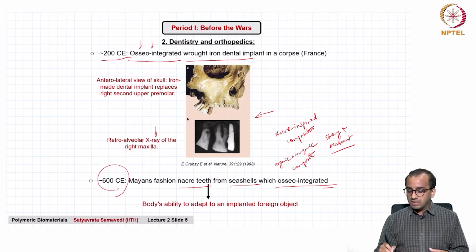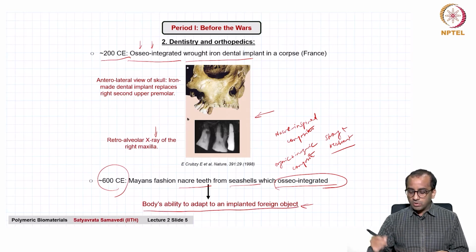What is also interesting here is the fact that it had osseointegrated. The key take-home from this slide is to realize that these things simply show the body's ability to adapt to an implanted foreign object. That is a very important idea here.